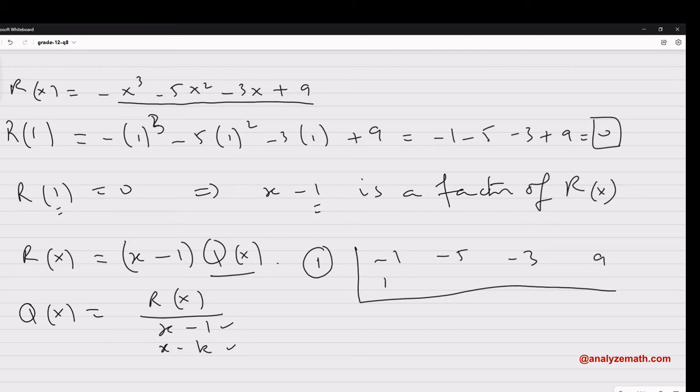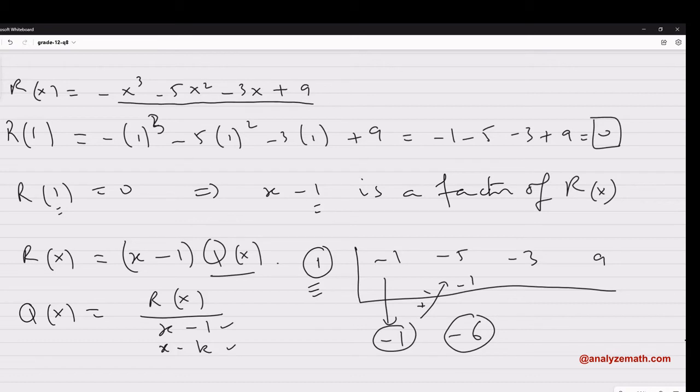And then we start synthetic division. This is brought down here, and then multiplied by 1, the k. That gives you -1. You add the -5 with the -1, which gives you -6.